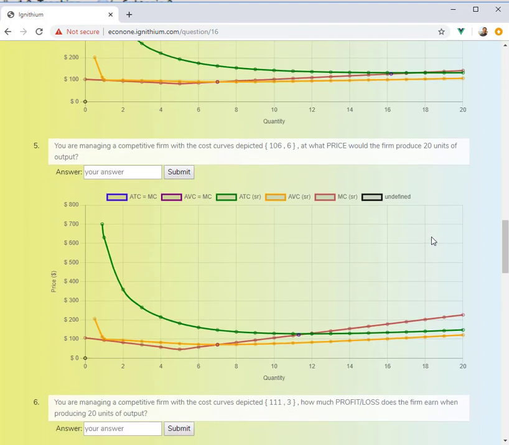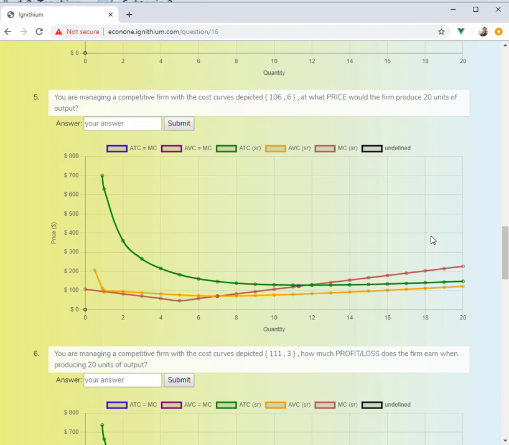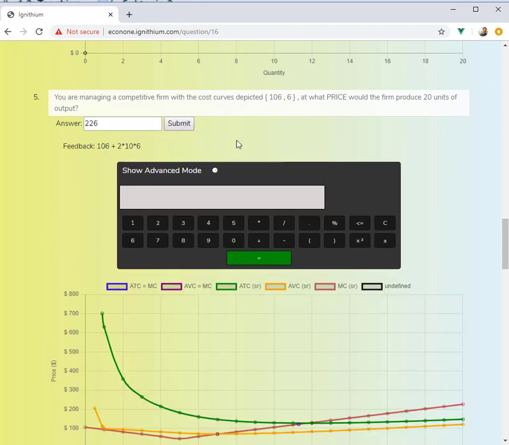And question 5, at what price would the firm produce 20 units? Well, remember that price would be equal to marginal cost. So if we look at the marginal cost of 20 units, in this case it's 226, then that should be our correct answer.